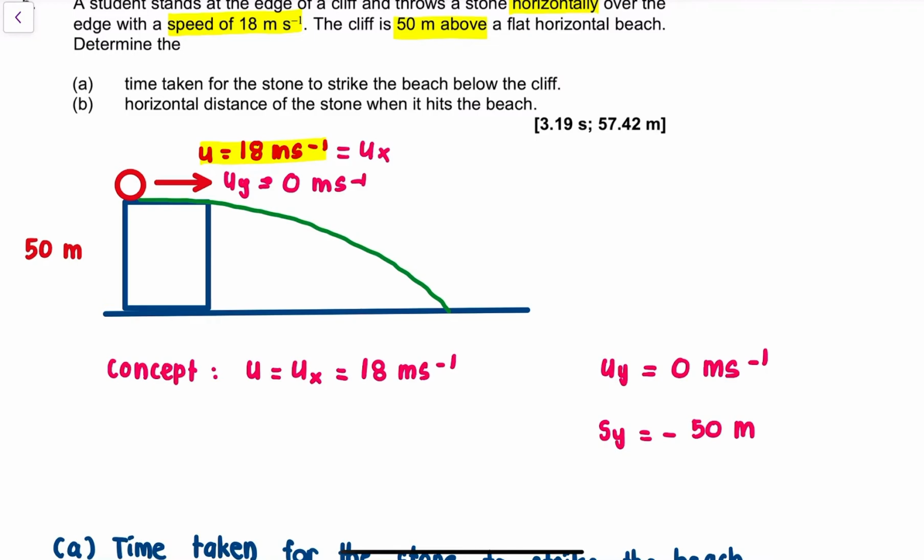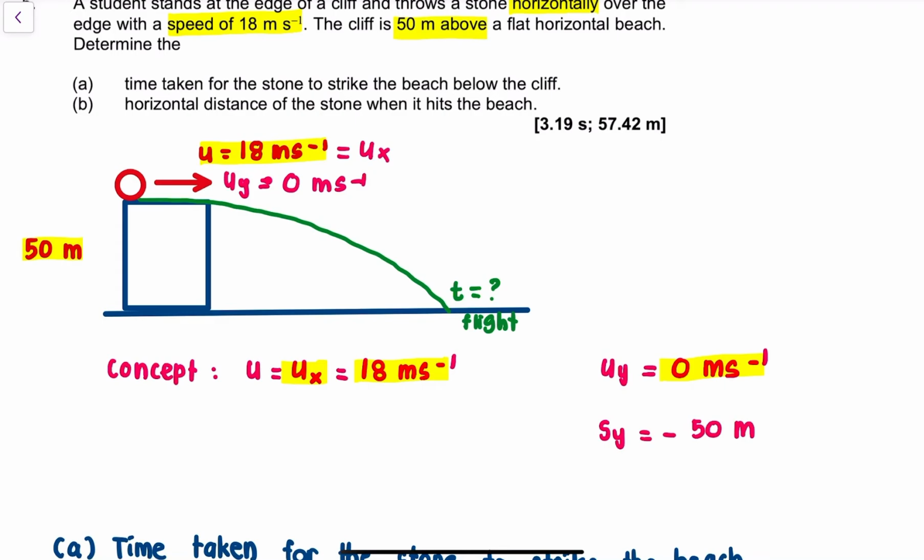When we calculate the time taken for the whole journey, this is your time of flight. So basically, ux equals 18 meter per second and uy equals 0 meter per second. After that, look at the height.